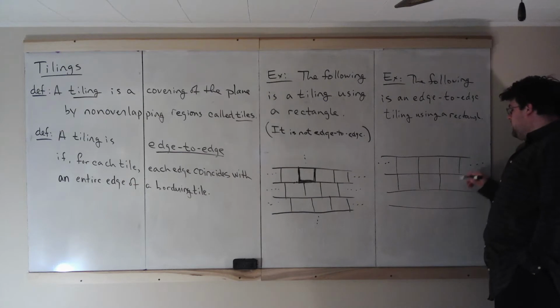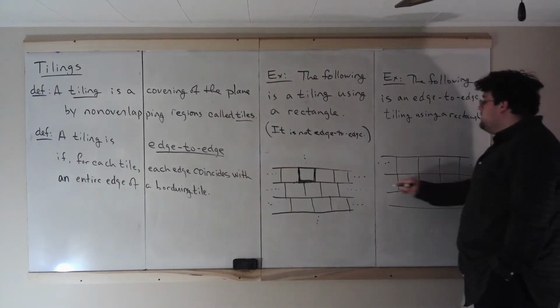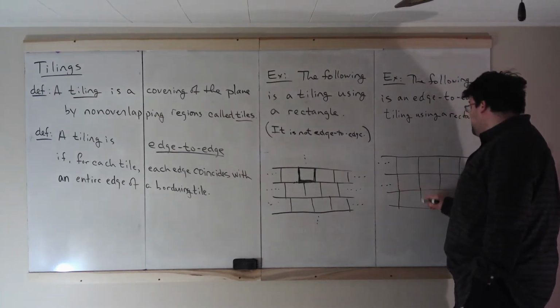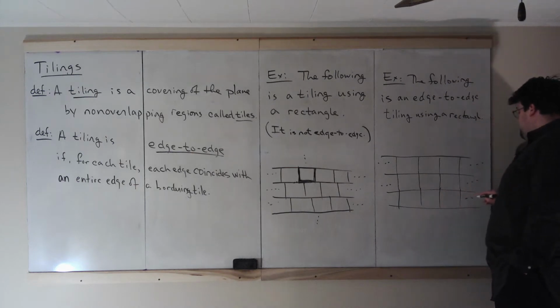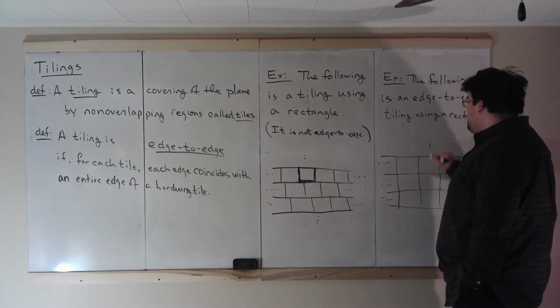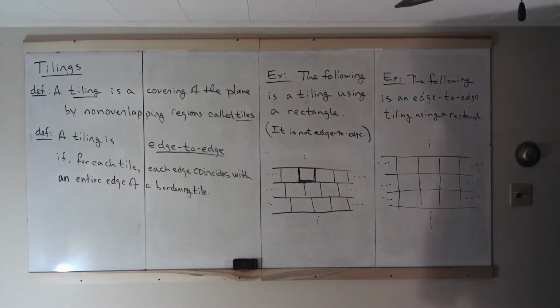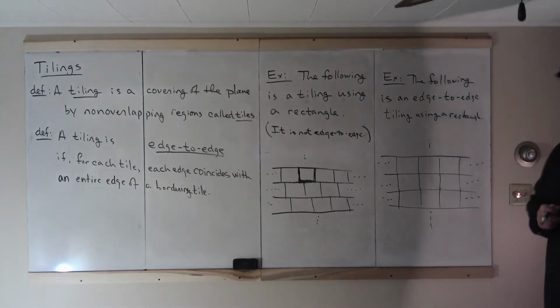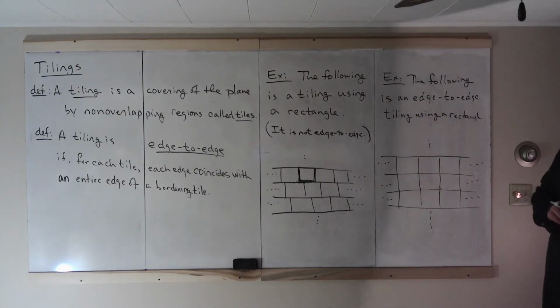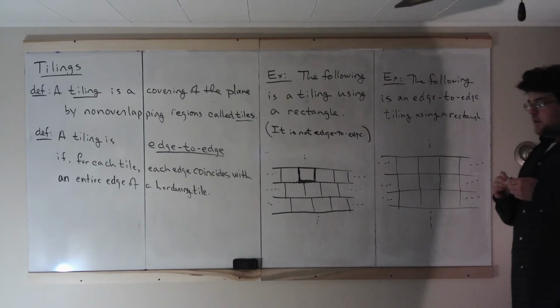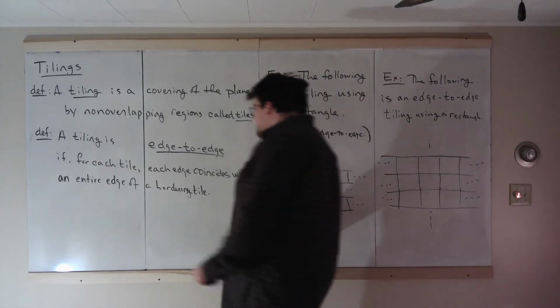And similarly here, and so on. Keep going up, and you keep going down. So this right here is edge to edge. Now, we're going to talk a little more about tilings using general quadrilaterals in a moment.